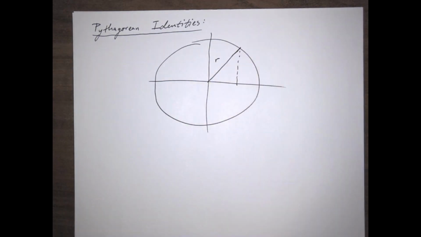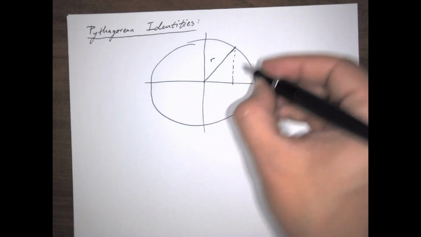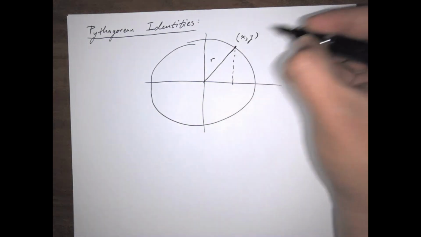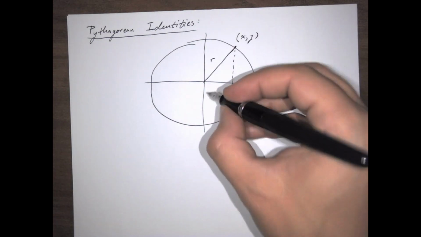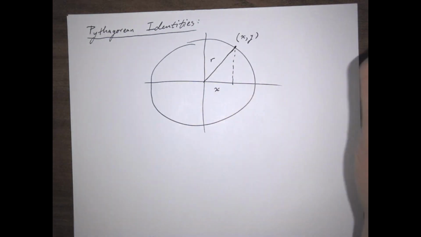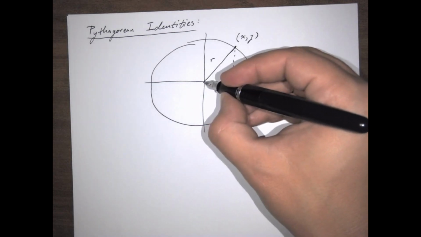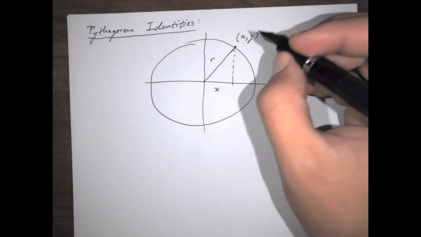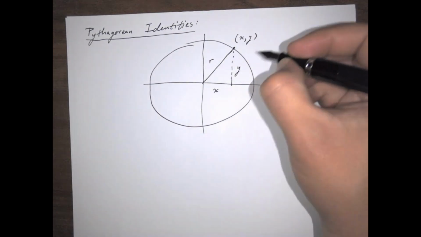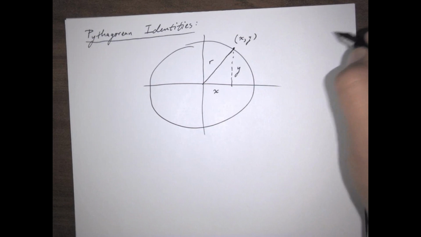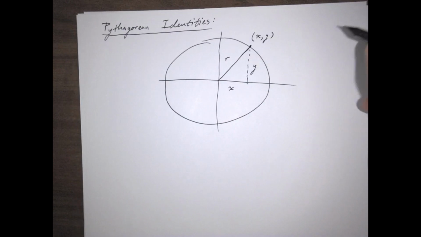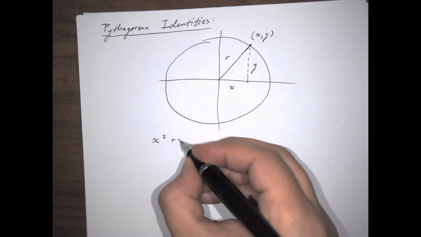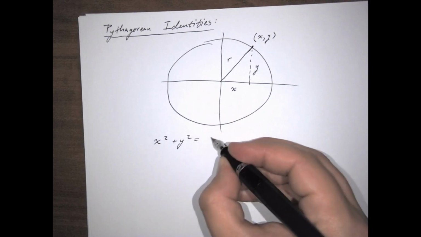Imagine we've got a circle, radius r, then the coordinates here will be x comma y. But what do coordinates mean? They mean that from the origin we go x steps in the horizontal direction and y steps in the vertical direction. And horizontal and vertical are at right angles to each other. So that means x squared plus y squared is always equal to r squared.